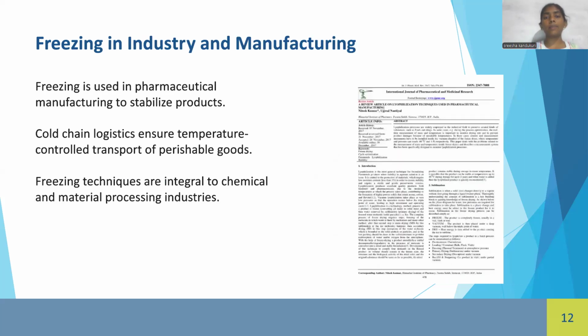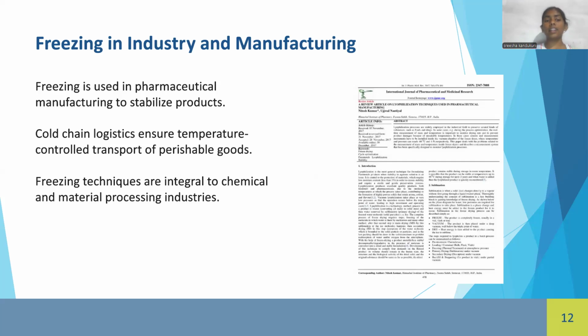Freezing in industry and manufacturing. Here we have a report regarding industry and manufacturing from the International Journal of Paramedical and Medicinal Research. Freezing is used in pharmaceutical manufacturing to stabilize products. Cold chain logistics ensure temperature controlled transport of perishable goods.